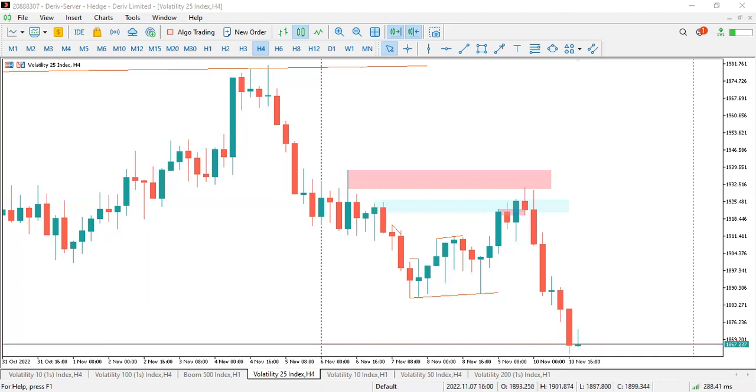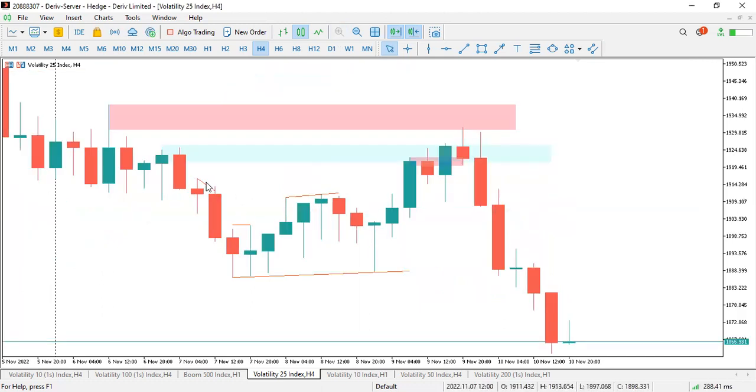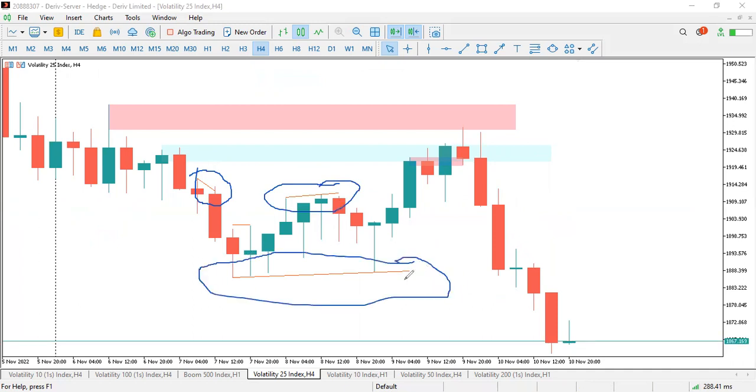All right. So for instance, with this analysis I did here, this red slanted line right there is referred to as trend line liquidity. This is equal high liquidity, equal low liquidity.